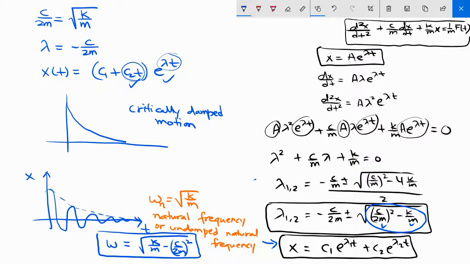So in the critically damped case, c over 2m is equal to square root of k over m, or we can write c squared divided by 4m squared equals k over m. I'm going to solve for the value of damping coefficient c for the critically damped case. So that's going to be c squared equals 4km, or c equals 2 square root of km. Now this 2 times square root of km is known as the critical damping constant.